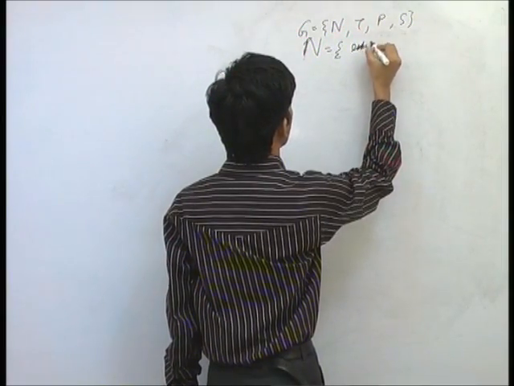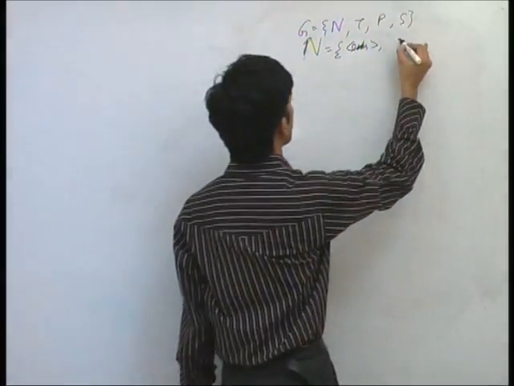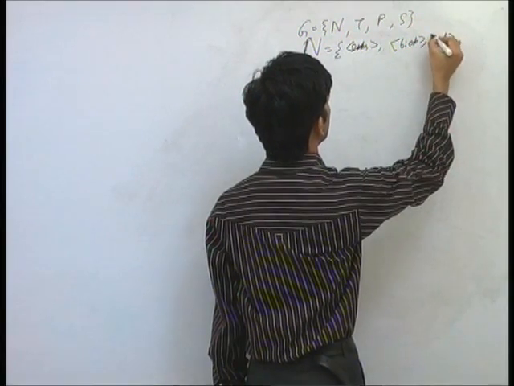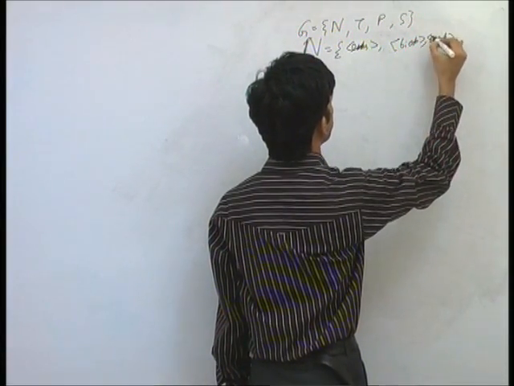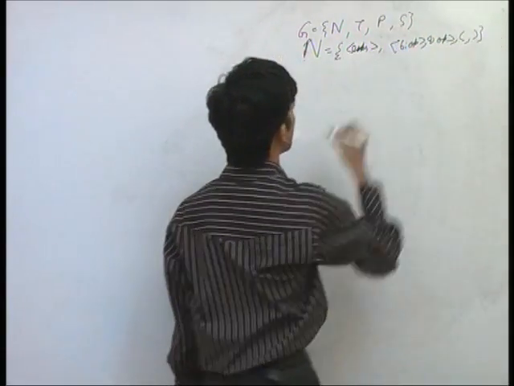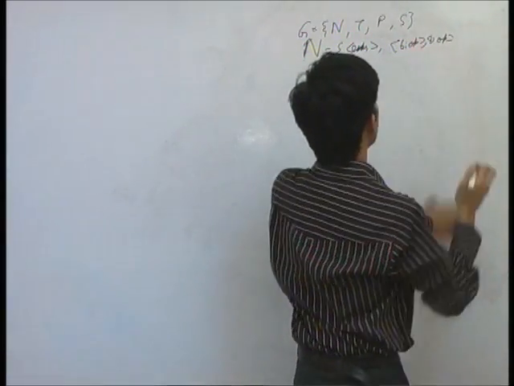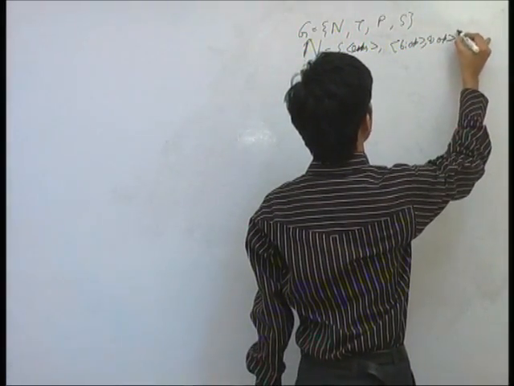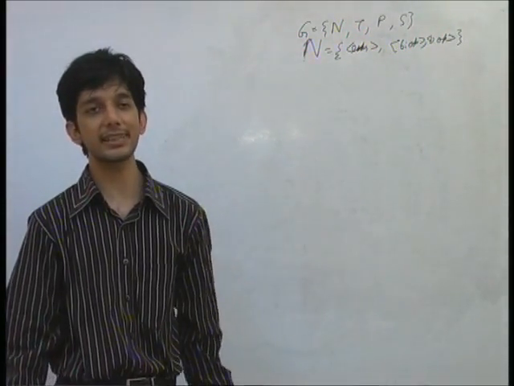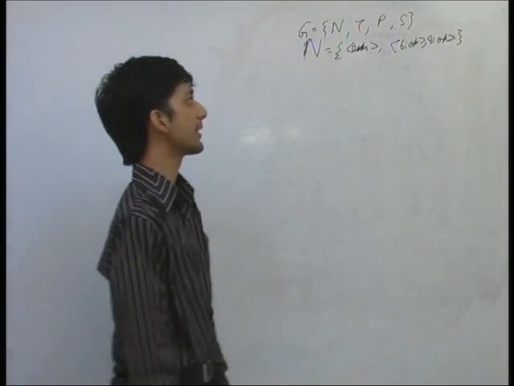Here my non-terminating symbols are nothing but an expression, a binary operator, a unary operator, and I guess that's all. These are the set of non-terminating symbols.